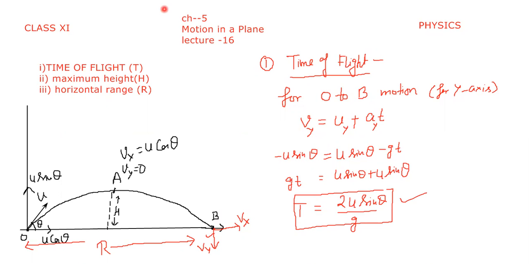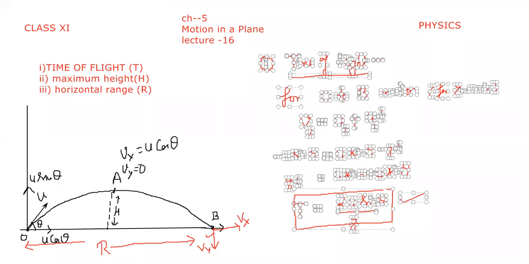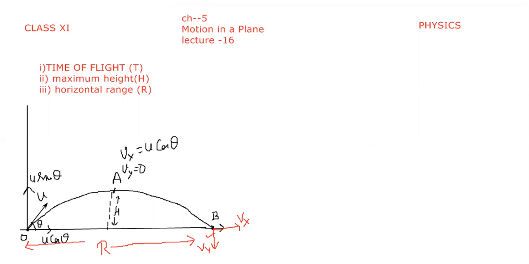Now we talk about the second proving, capital H, maximum height. All of you write the second proving, maximum height.